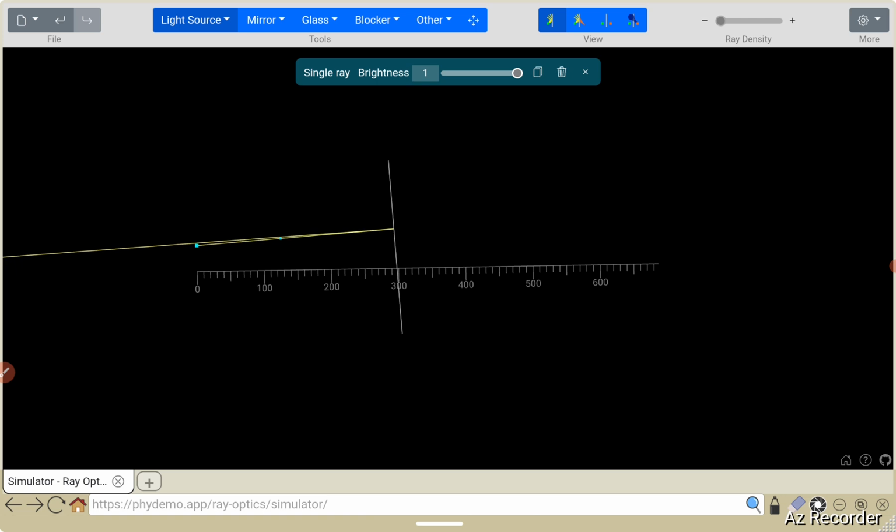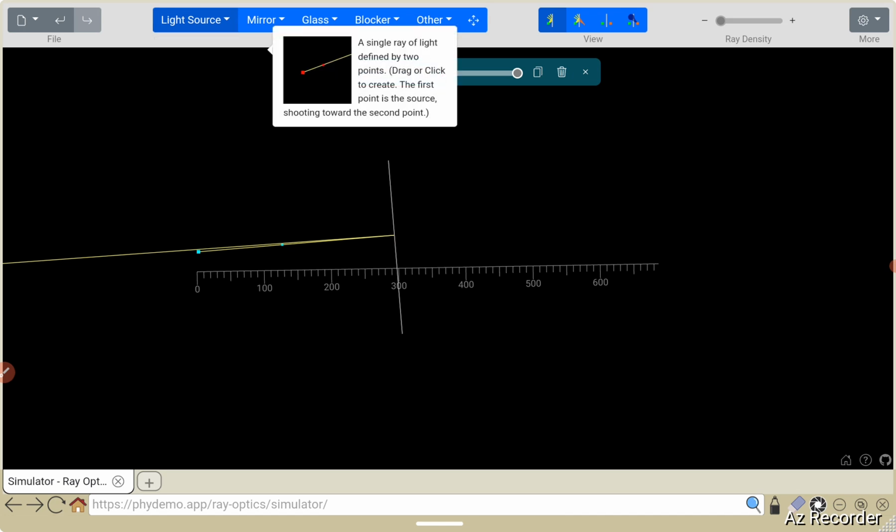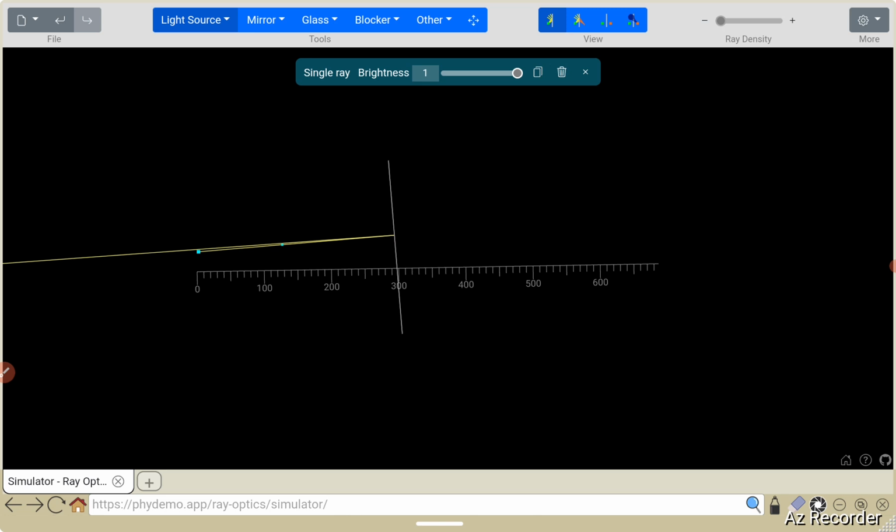Now this is retracing its own path, and then I am taking one more beam from the same object here. Let me first take the first ray which is retracing its own path correctly.